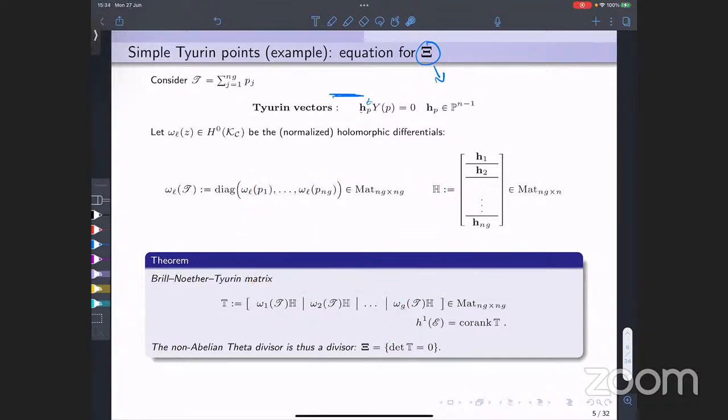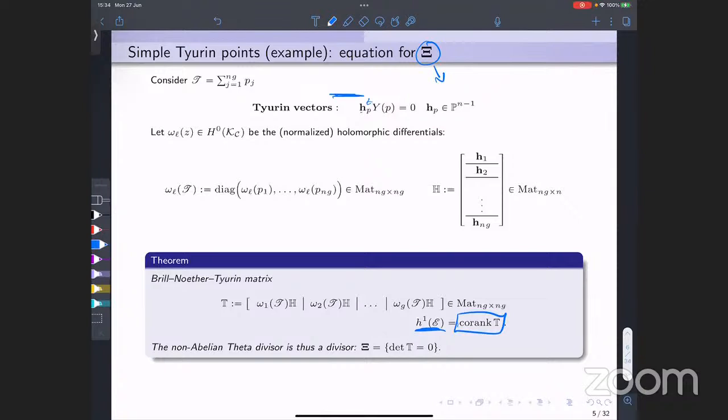We call this the Brill-Noether-Tyurin matrix. And the little theorem, which is not that difficult to prove, we just basically need to understand what those symbols are, is that this h1 is precisely the corank of this matrix. And so immediately you have a very explicit representation of the non-abelian theta divisor as the locus where the determinant of this matrix is 0.